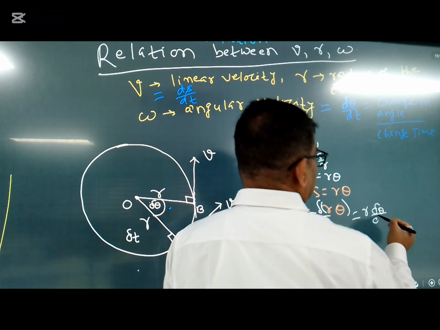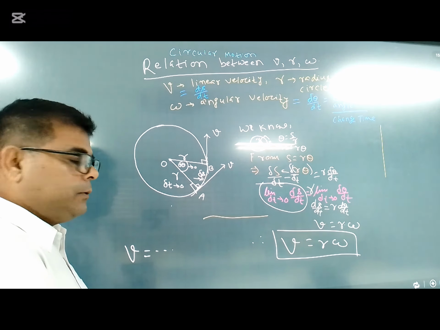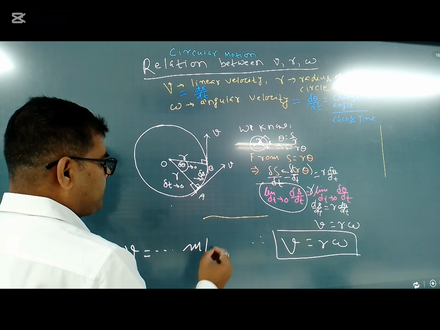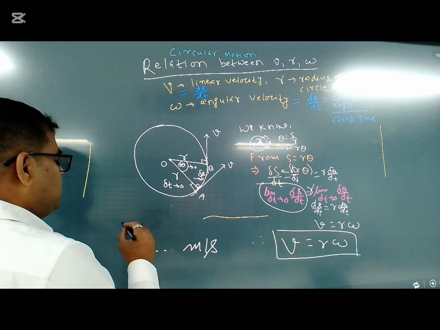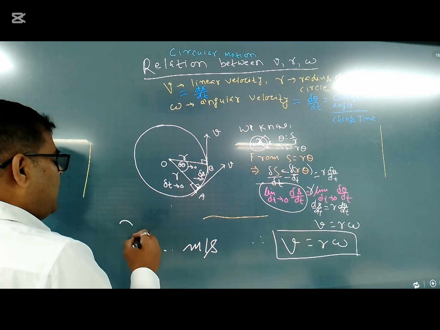Okay, so let's talk here. The SI unit of v, as you already know, is meter per second, and r is measured in meters if you are using the SI system of units, and omega is the ratio of theta and time.